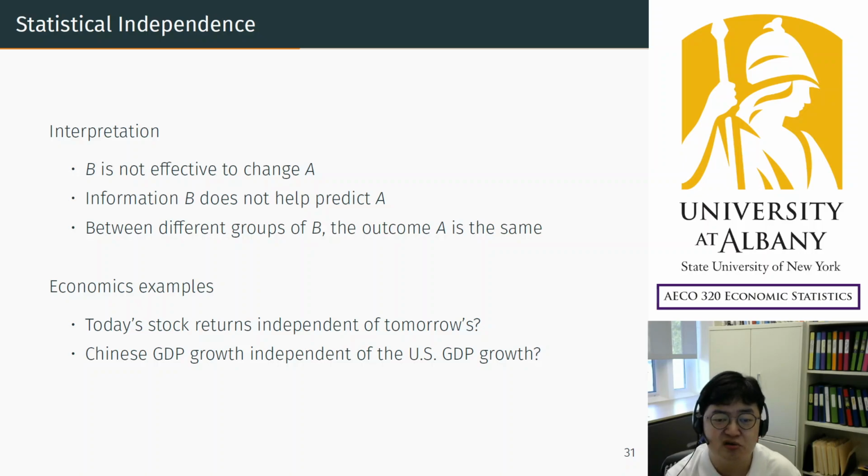It's an interesting question. If they are independent, you cannot predict what is going on. The global economy is actually nothing. Countries are independent of each other. Then there is no whole global economy, and you don't need to worry about other countries' news.